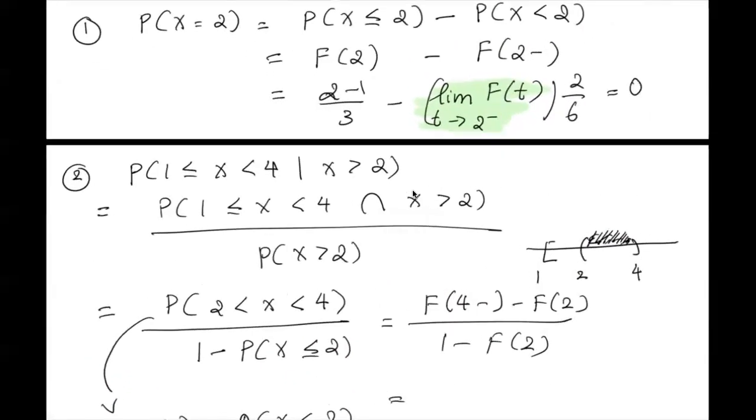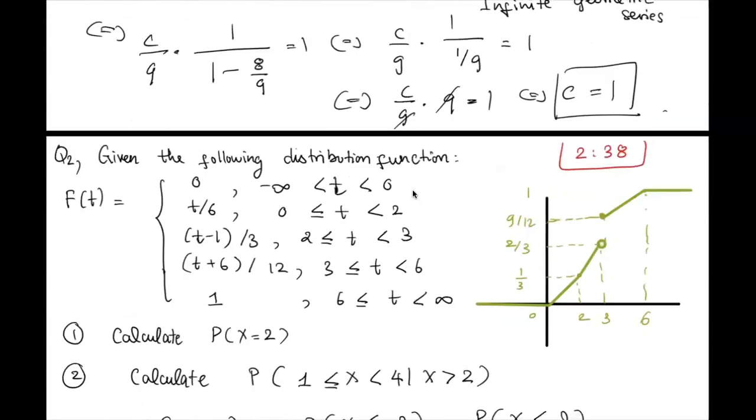So f of 4 minus is just the limit of f of t as t approaches 4 from the left-hand side. If we look at this graph, approaching 4 from the left-hand side will just give us f of 4, right? So we will have to use this formula because 4 is between 3 and 6.